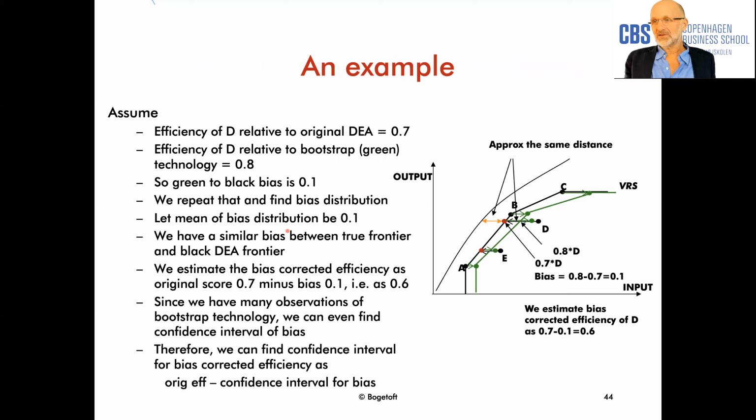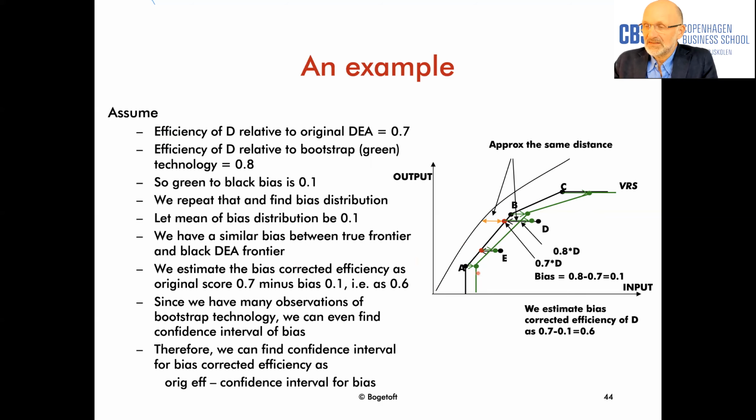So I've tried to illustrate it here in a little bit more detail, and I realize that it might end up looking a little bit complicated, but let's try to go through it. I've introduced the different elements before, so now we can take a look at it. I have an underlying technology which I don't know. I have the first initial DEA model, which is the black one here, and then every time I draw a new bootstrap sample, I construct a new one.